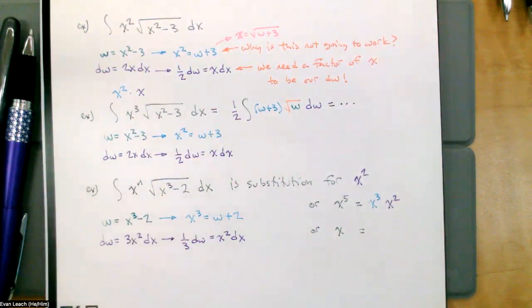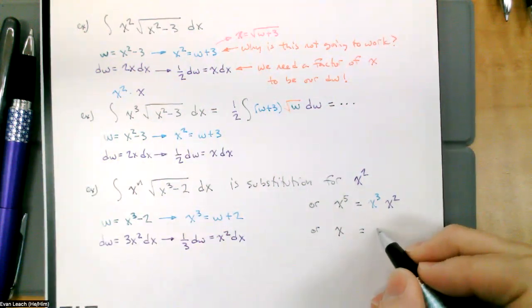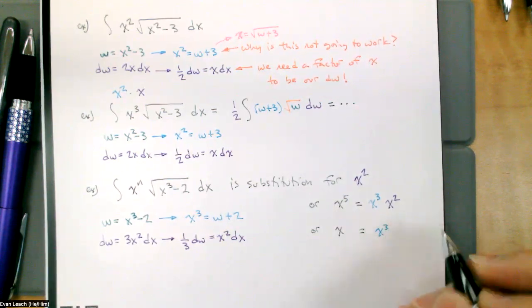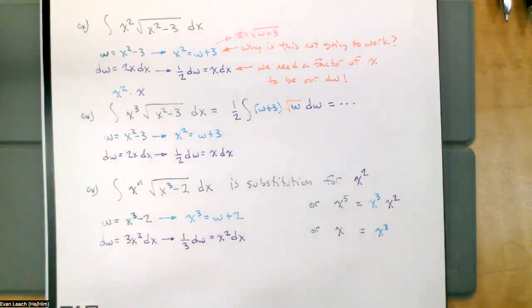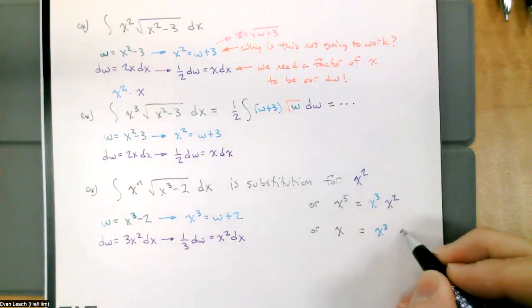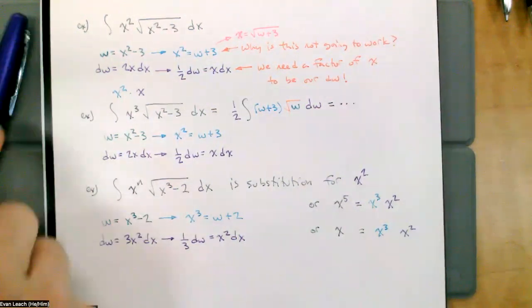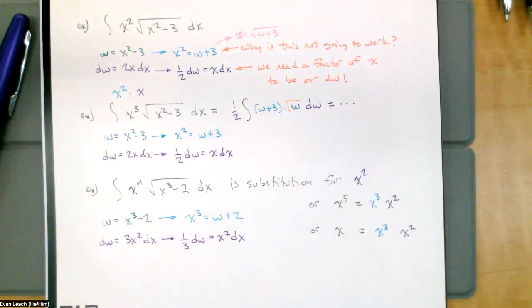So remember what we need. The w's come out in 3s, x cubed. I need to have an x squared. The only way we can replace x's with w's is when they're x cubed. I need 3 of them to make 1 full power of w.